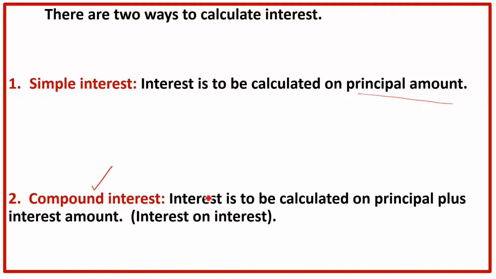I will show you with the help of an example, and we will also derive a formula for compound interest. Suppose the compound interest is represented by C, and suppose you have $1,000 and you want to invest in a bank, and the manager says that he will give you 6% interest compounded annually.